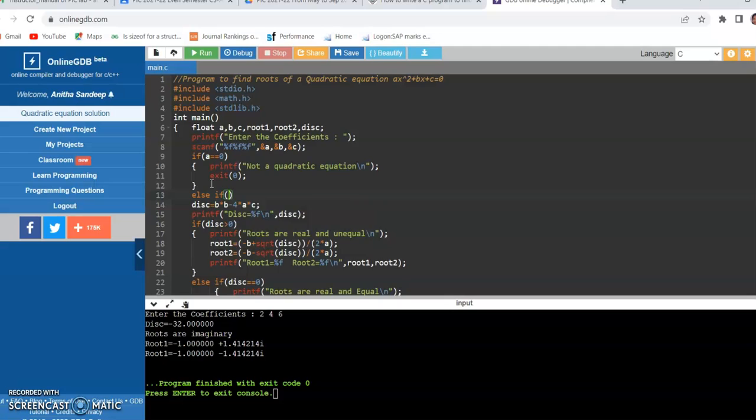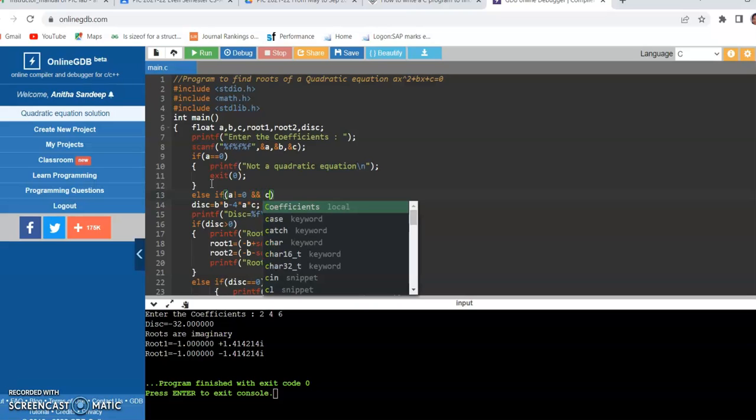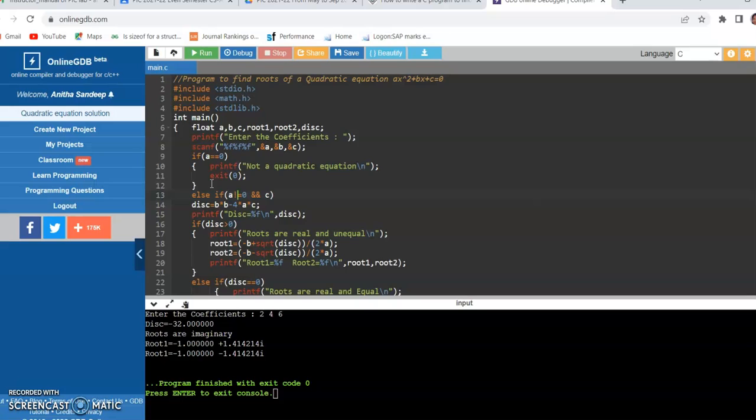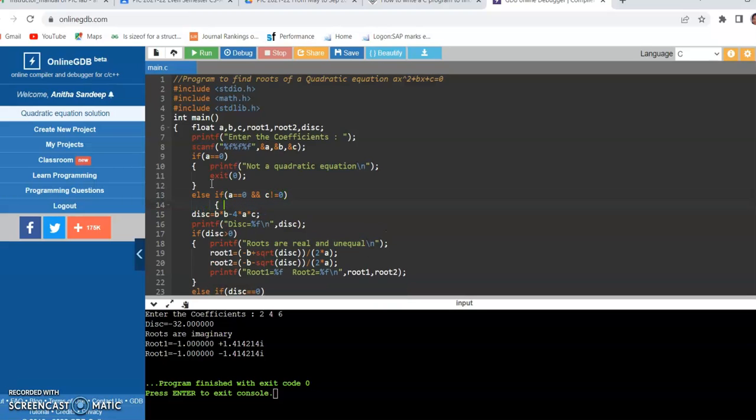Else, if a equal to 0 and c equal to 0, or c not equal to 0.